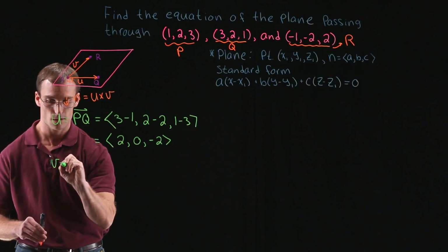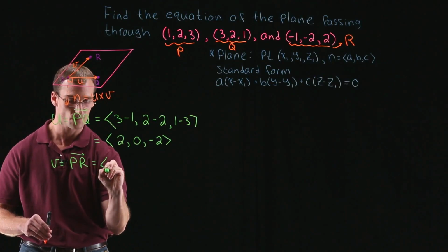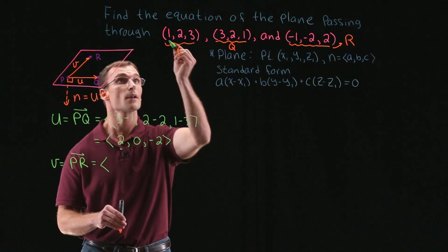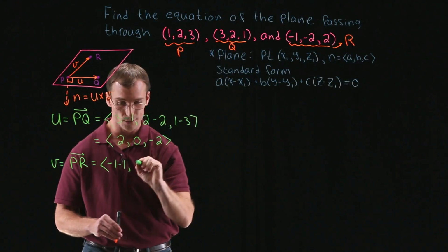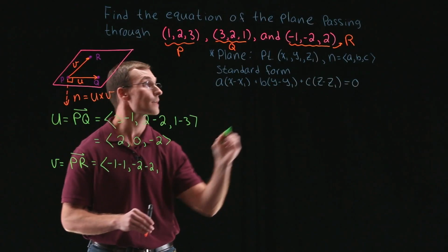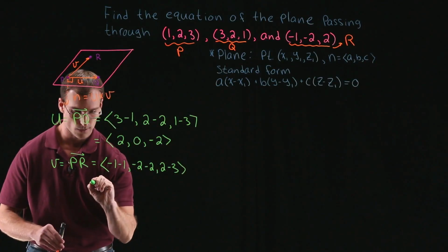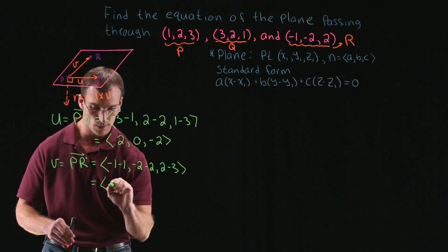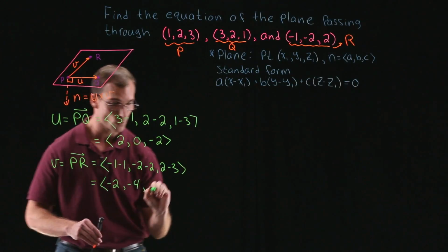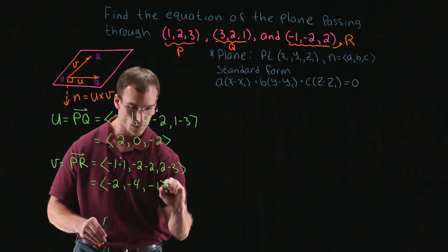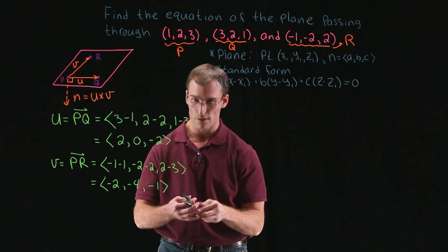And V is the directed line segment from P to R, found by taking -1 minus 1, -2 minus 2, and lastly 2 minus 3. So our vector V is -2, -4, -1. All right, so we have our U and our V.